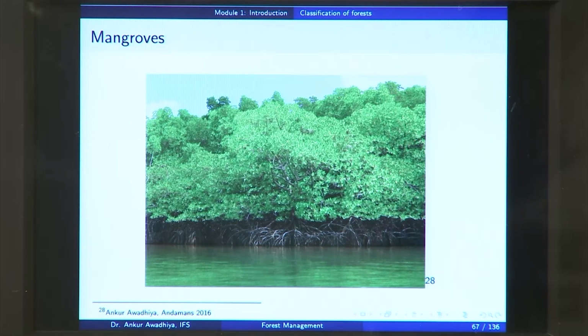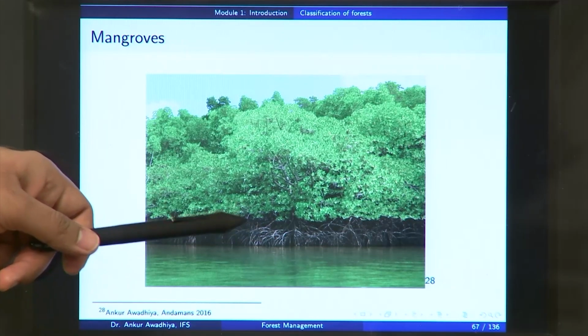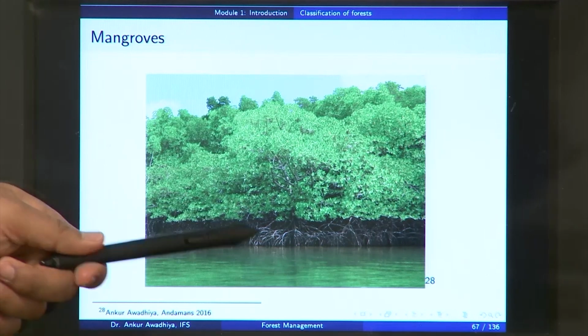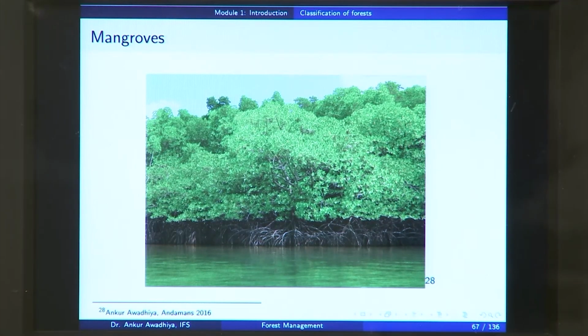Now, fishes use these roots as their nurseries, because if a fish lays its eggs inside these roots, then the roots protect the young ones from their predators, because the predators are not able to enter inside.